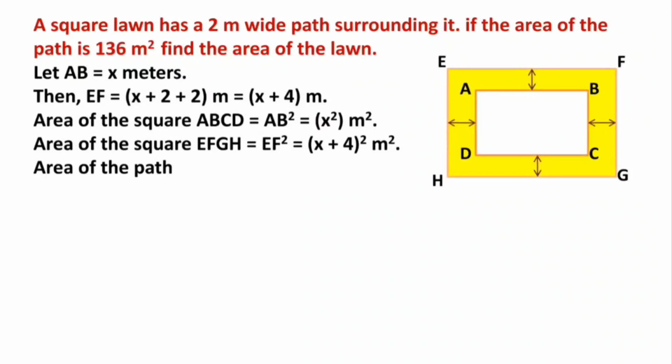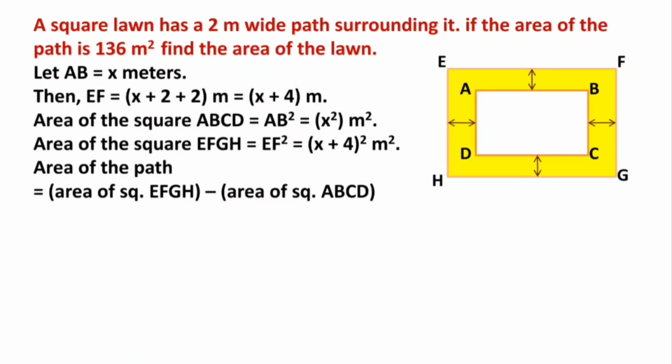Now to find the area of the path, we have to subtract the area of square ABCD from the area of square EFGH. So we get (x plus 4) whole square minus x square meter square.